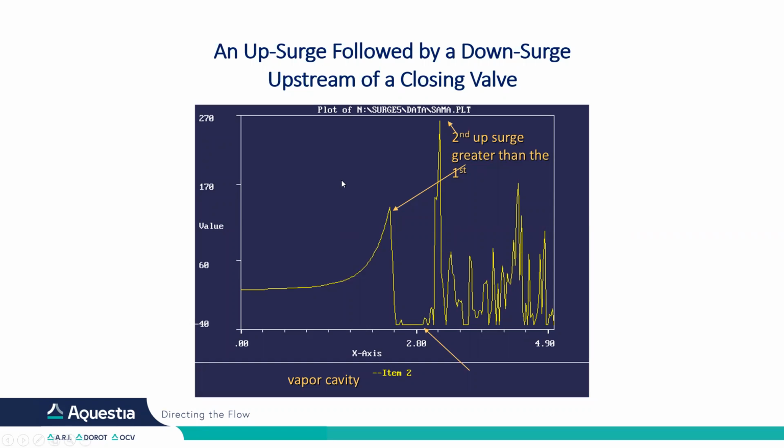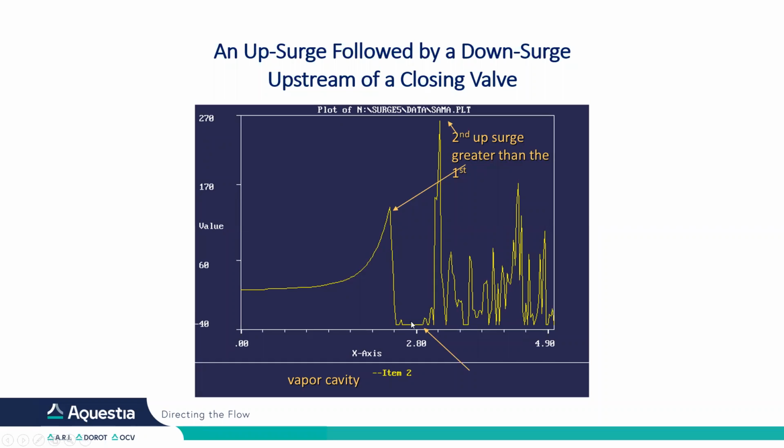So we can see here in this diagram an upsurge followed by a downsurge upstream of a closing valve. Okay, we close the valve. You can see the upsurge. Okay, and what happens is the upsurge is followed by a downsurge.